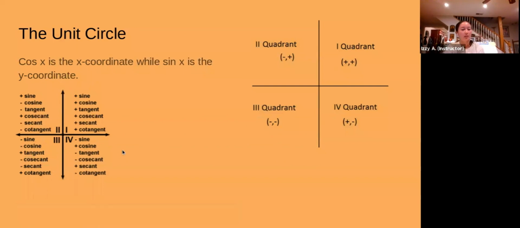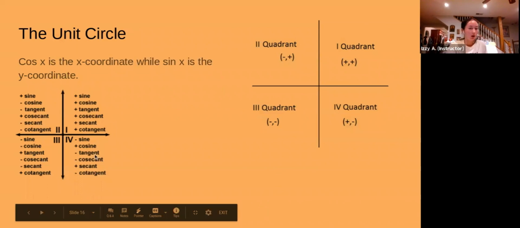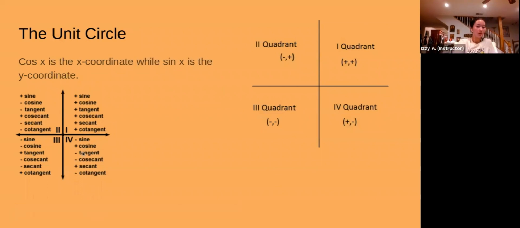And then finally, in the fourth quadrant, we're going to have cosine and secant being positive, sine and cosecant are going to be negative, and tangent and cotangent are going to be negative. Again, tangent's going to be negative because you're dividing sine over cosine, which is negative over positive.